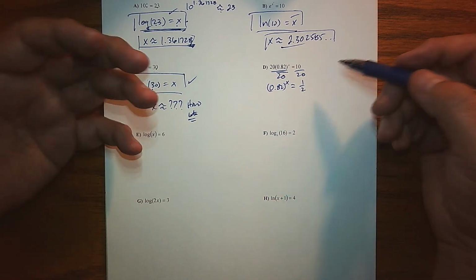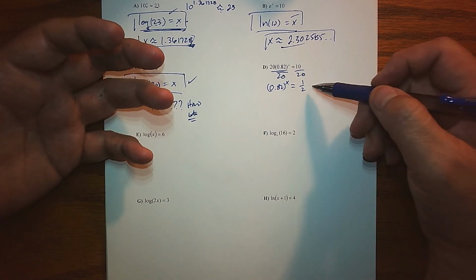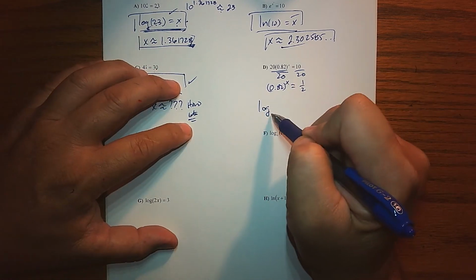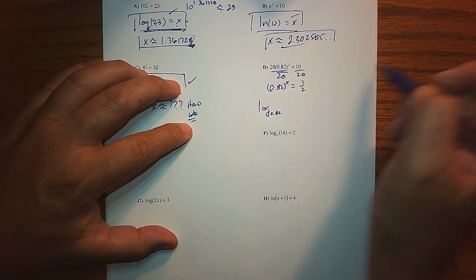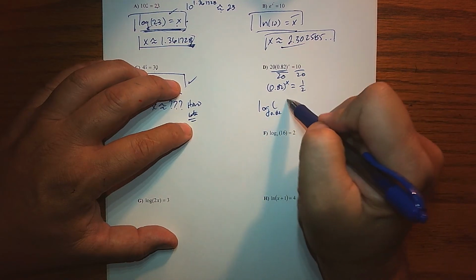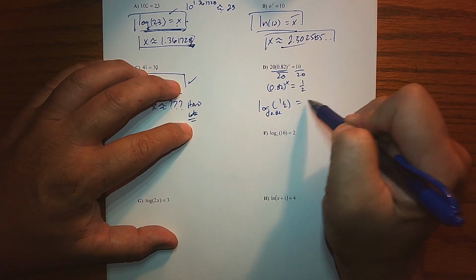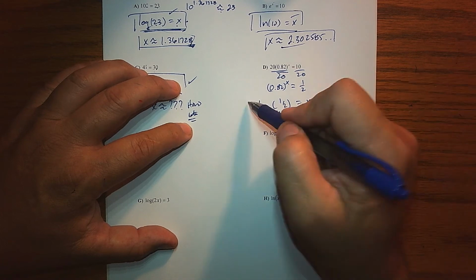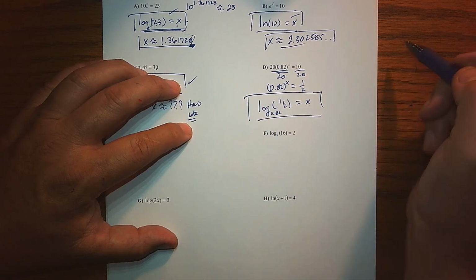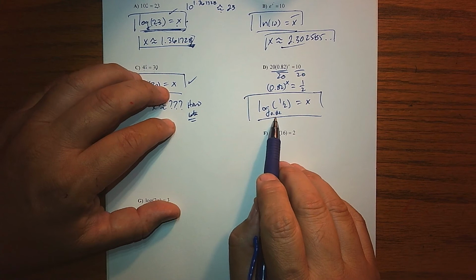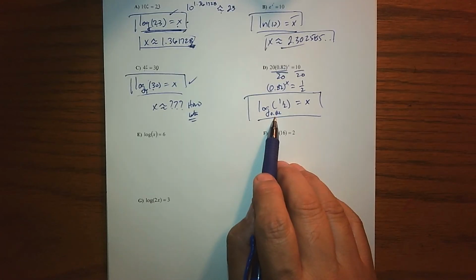And if we just use what we're learning right now to convert this, my logarithm will be log base 0.82, the input will be 1/2, and its output will be x. And again, I have an exact answer because log base 0.82 is not on my calculator.